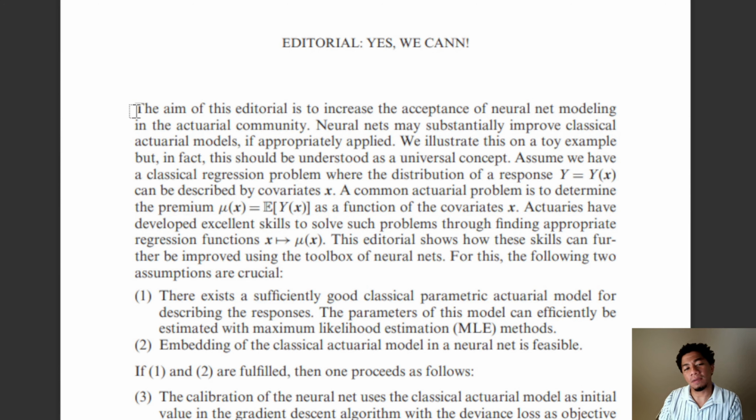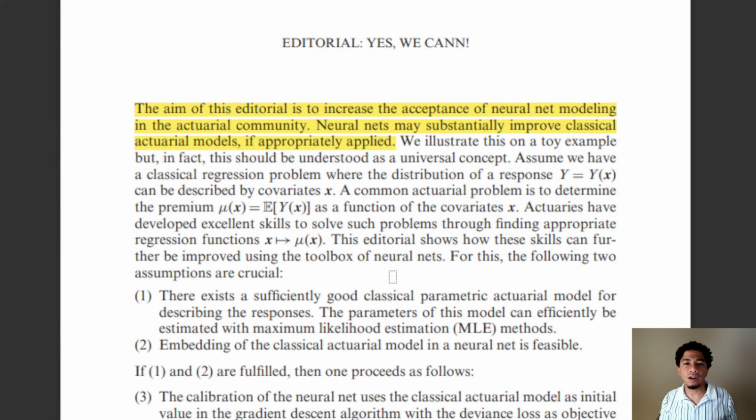So the authors say, the aim of this editorial is to increase the acceptance of neural net modeling in the actuarial community. Neural nets may substantially improve classical actuarial models if appropriately applied. Right? So traditionally, actuaries have the traditional actuarial models like GLM, and they've stuck to that GLM model. It has been working for years. And then came new machine learning techniques. XGBoost came along, neural networks came along that provided an improvement in terms of predictive power.